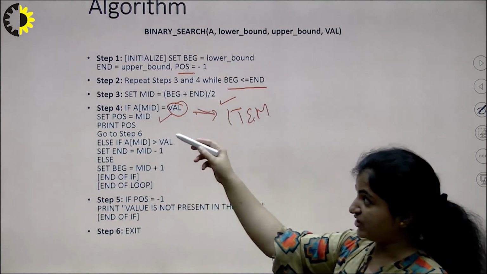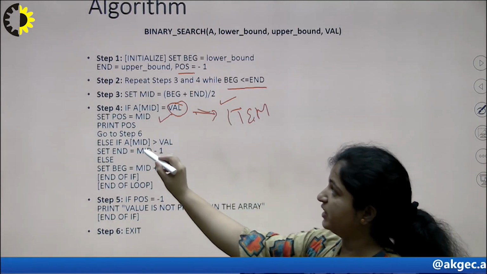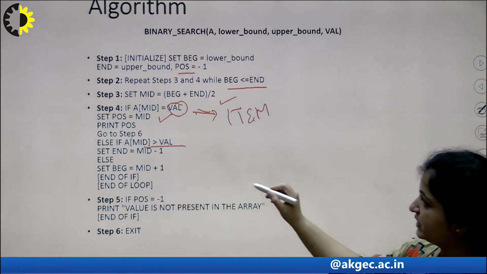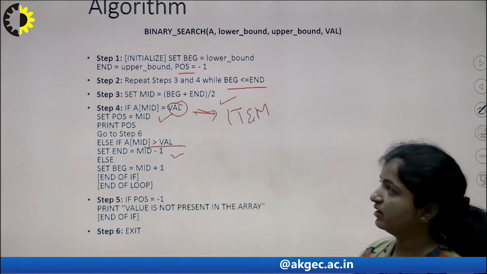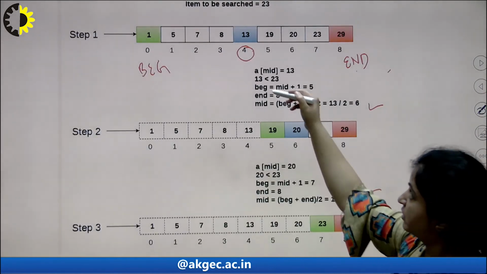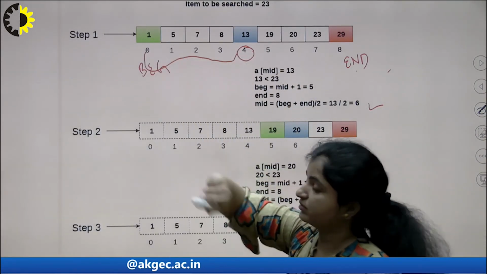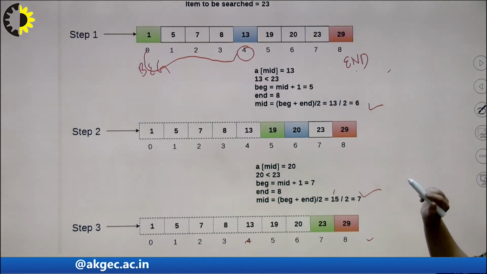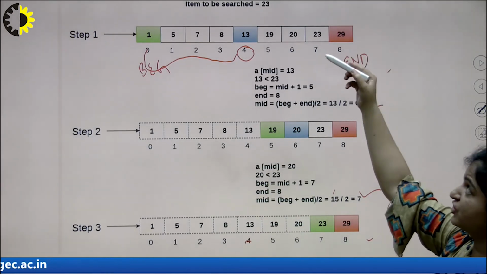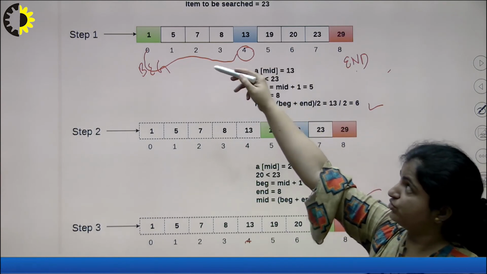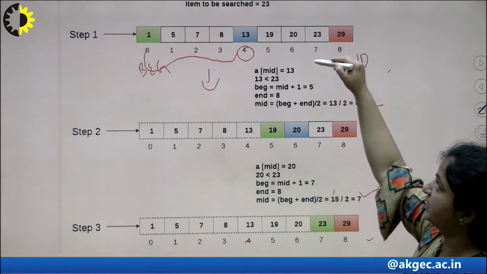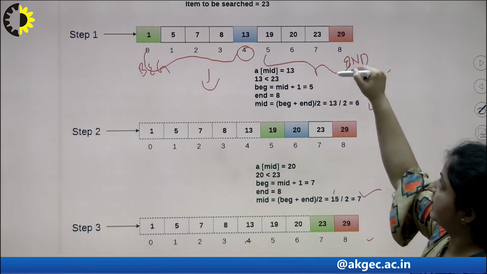If it is not matching, then we check whether the value is greater or smaller. If the value to be searched is smaller, then we have to check in the left half of the array. If this value to be searched is greater, then we have to check in the right half of the array.